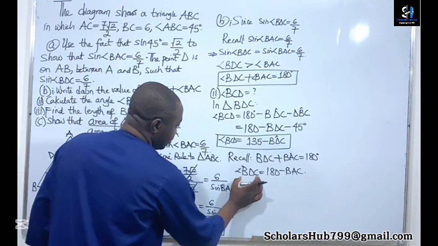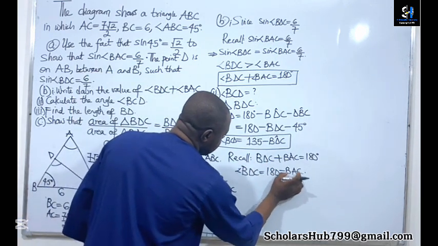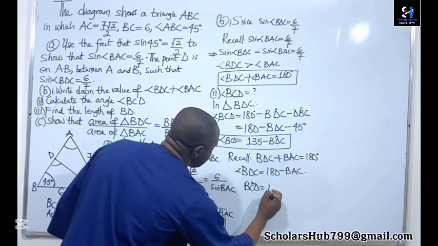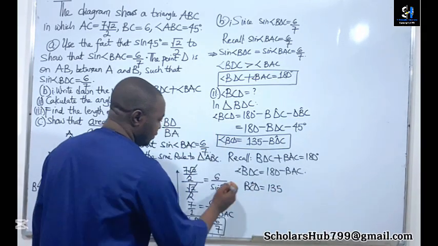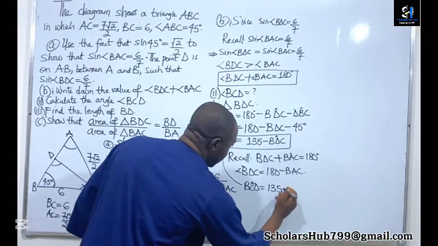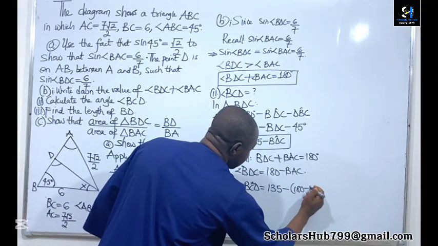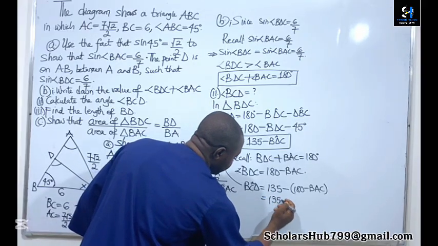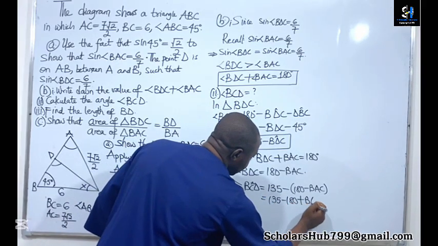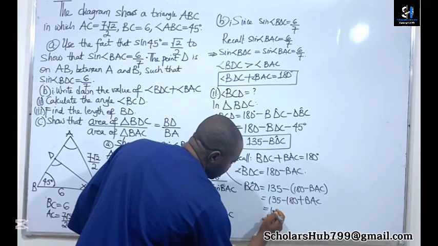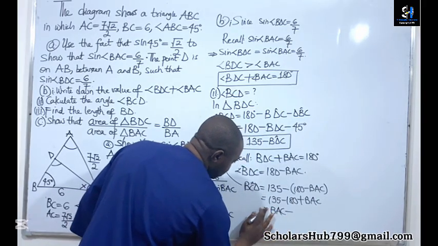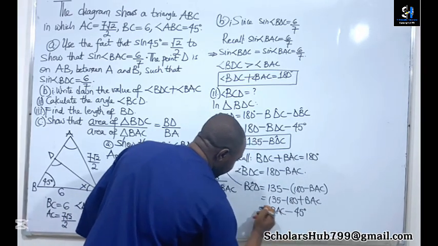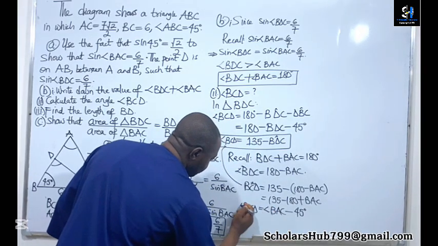We can then substitute 180 minus BAC for BDC in this case. So we have BCD to be equal to 135 minus (180 minus BAC). This will be 135 minus 180 plus BAC, so BCD is equal to BAC minus 45 degrees.